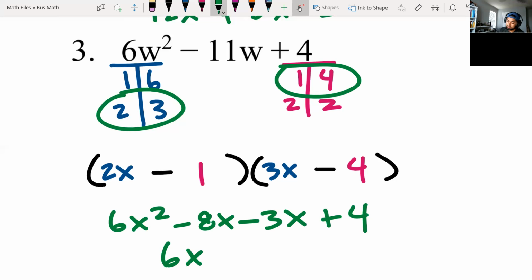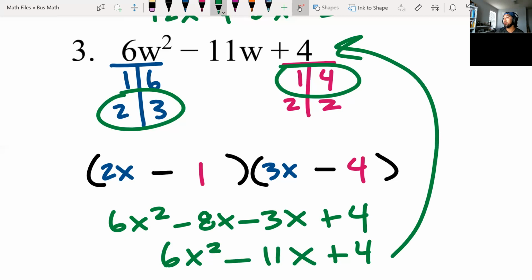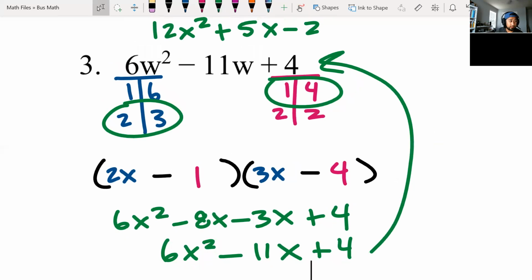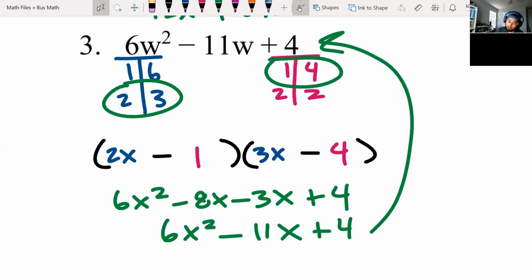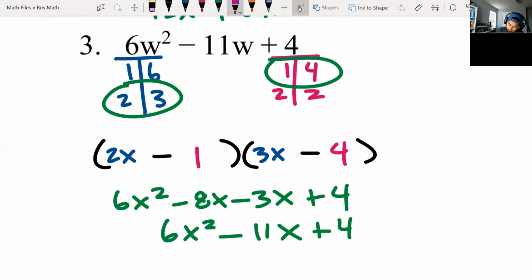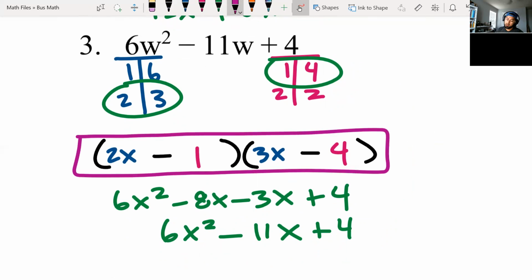We get 6x squared minus 11x plus 4. Hey, does that look like the one above? Yes, we got it. So it's just one big trial and error, y'all. And change those to w's if you want. You get the point, though.